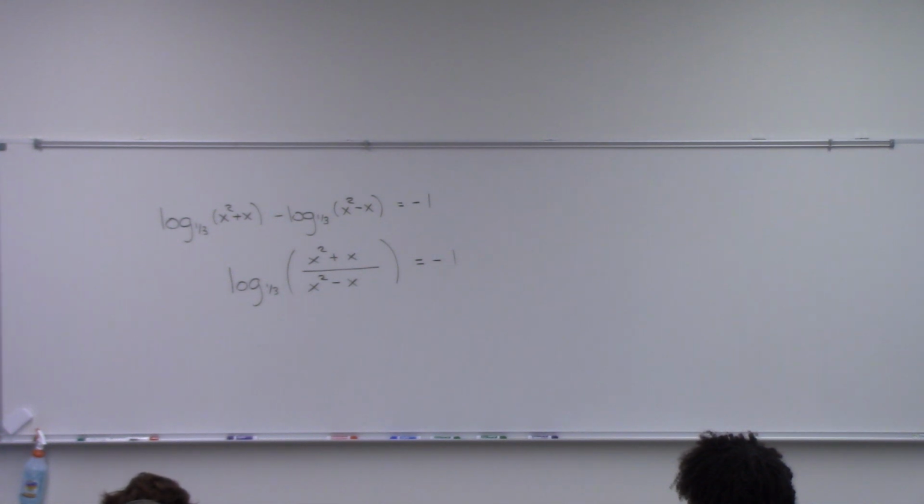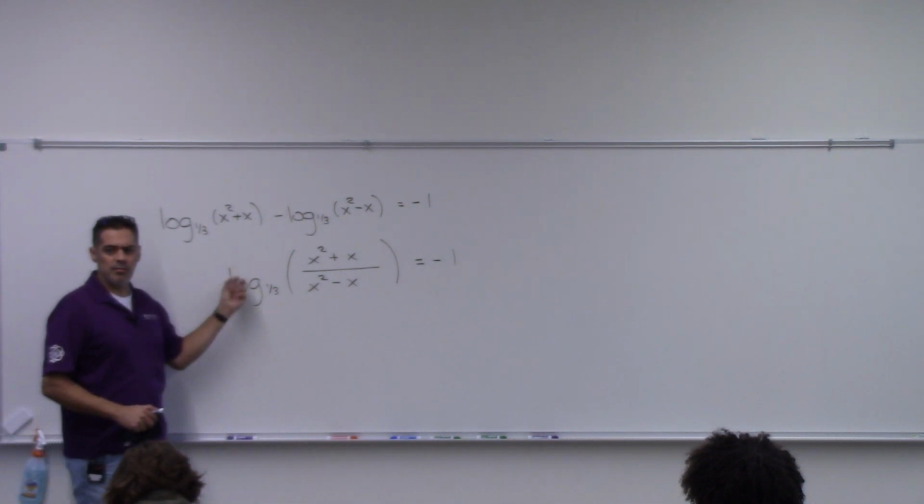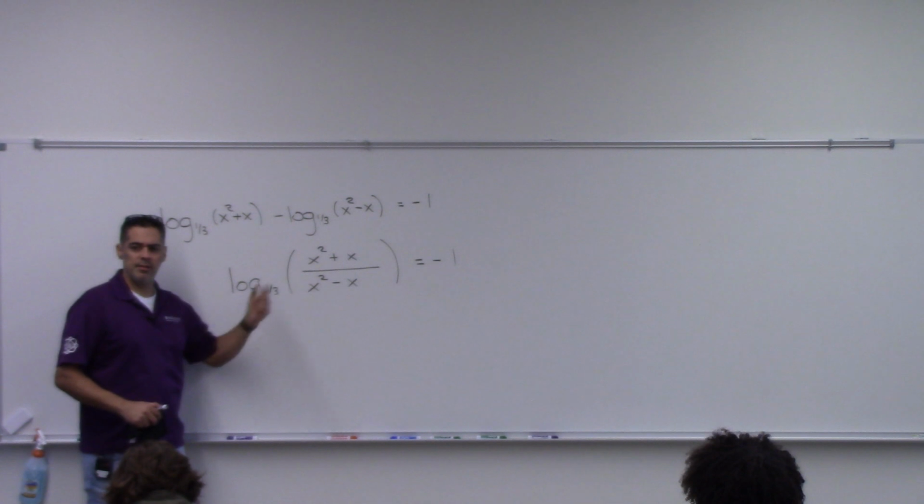Close. But I think you're working too hard. We could go down that road, but not now because it's a -1, right? Can you multiply log 1/3 to the other side? No, don't look at this as a number. You can never multiply this or divide this.